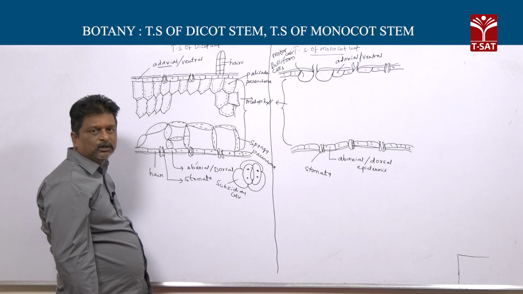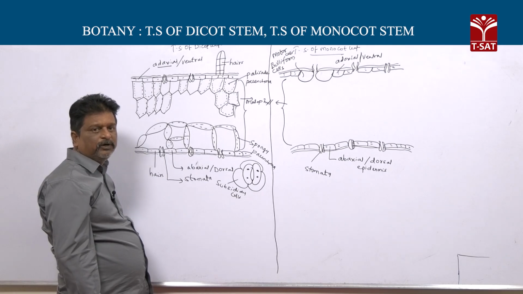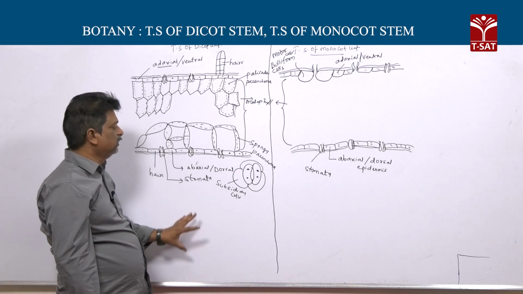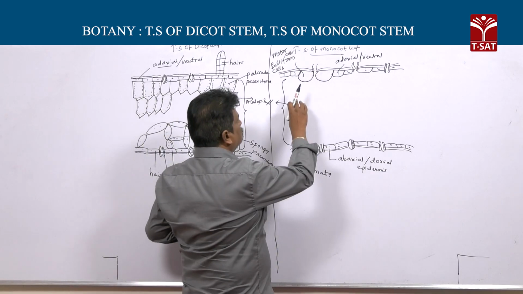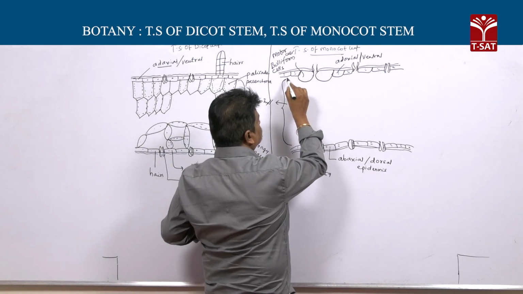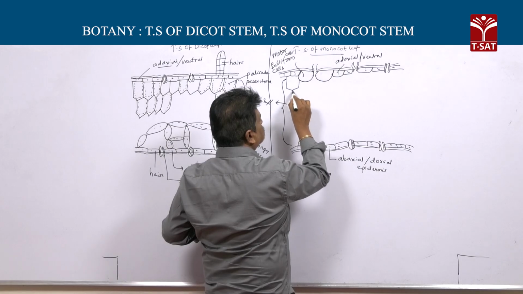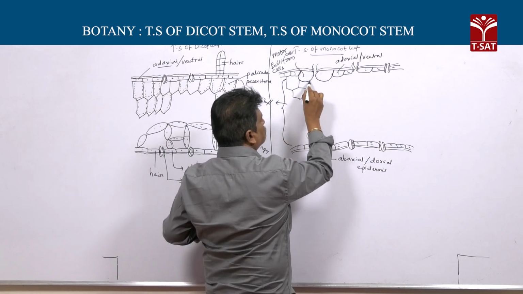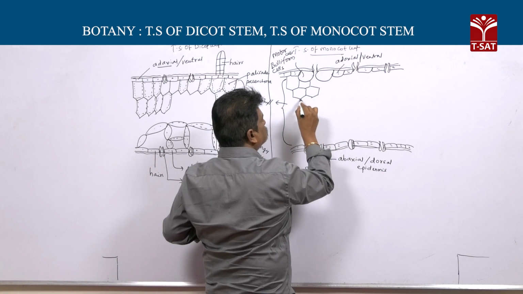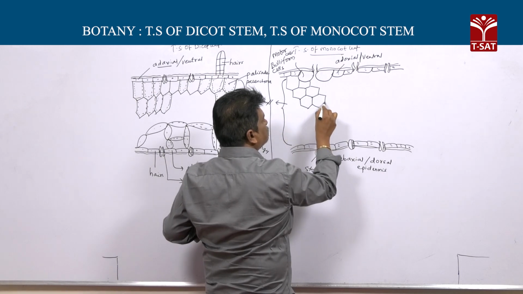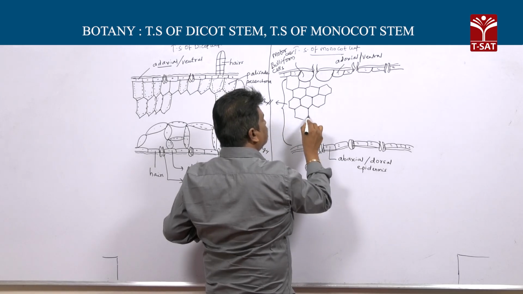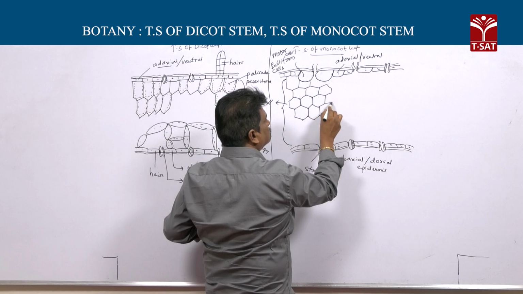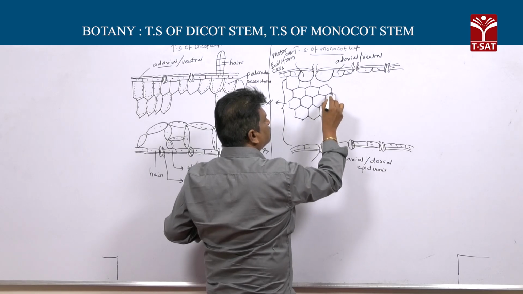So it is called dorsiventral leaf or bifacial leaf. Then in monocots, there is mesophyll between upper and lower epidermis, but in monocot leaf the entire mesophyll has the same type of cells.